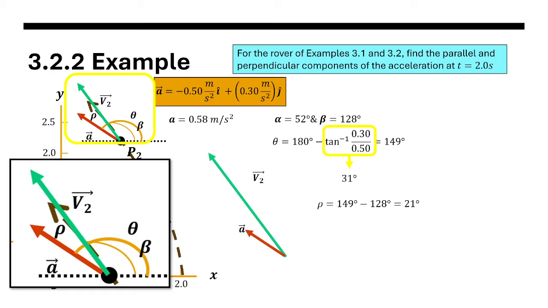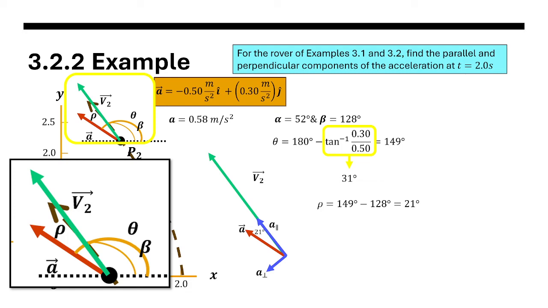Now we're going to get the parallel and perpendicular components of our acceleration vector. This means that there is an acceleration parallel with our velocity vector and a perpendicular acceleration.